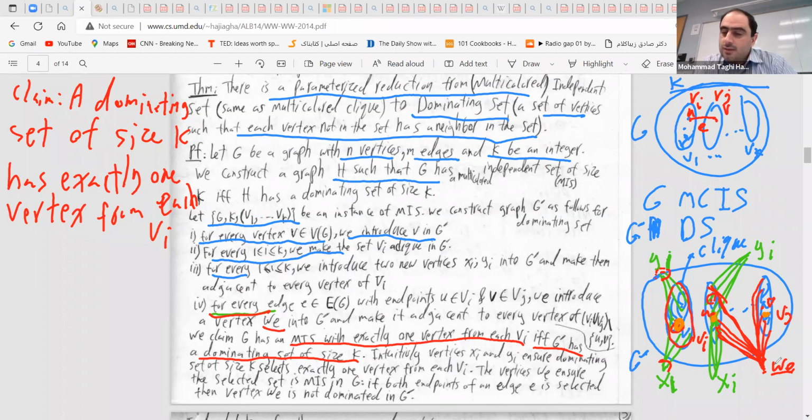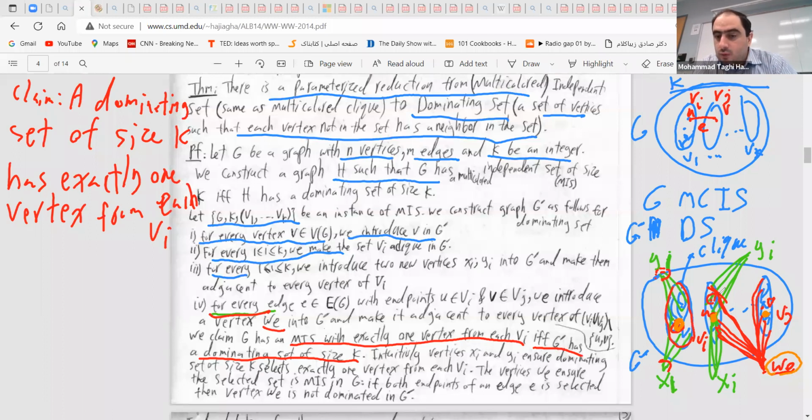So if we want to select this U and V, and U and V have an edge in the graph, it means that this WE corresponding to this edge does not have any edge adjacent to U and no edge adjacent to V. But the issue is that this WE should be covered in the dominating set. Either it should be covered itself or one of its neighbors.